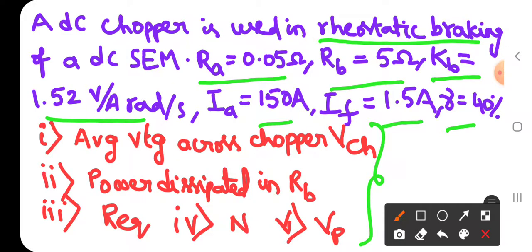So how do we solve this? First we should know the formulas for these five questions. First let us write the given data.